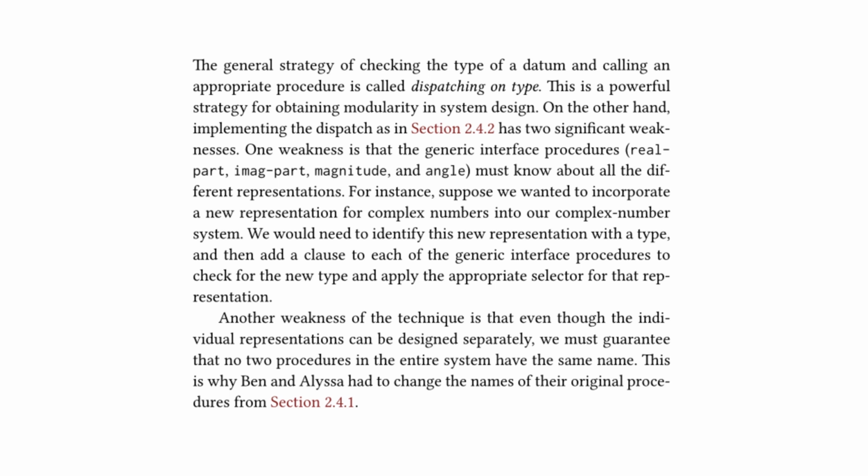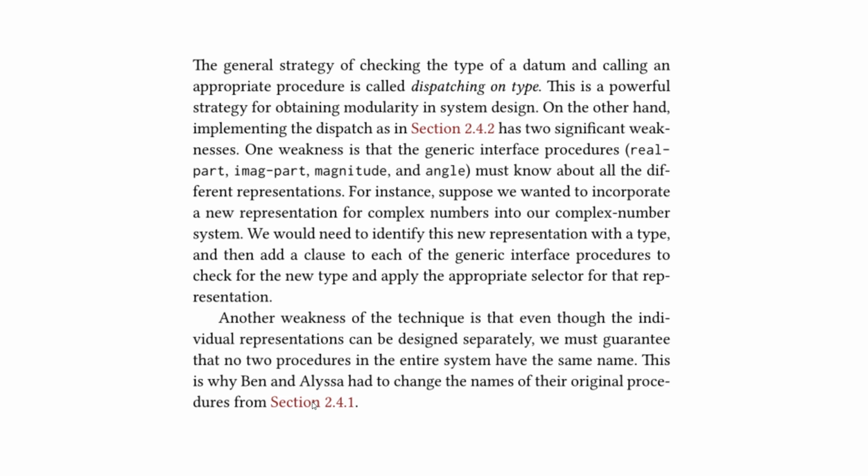Another weakness of this technique is that even though the individual representations can be designed separately, we must guarantee that no two procedures in the entire system have the same name. This is why Ben and Alyssa had to change the names of their original procedures from section 2.4.1, which was the first section that we looked at.